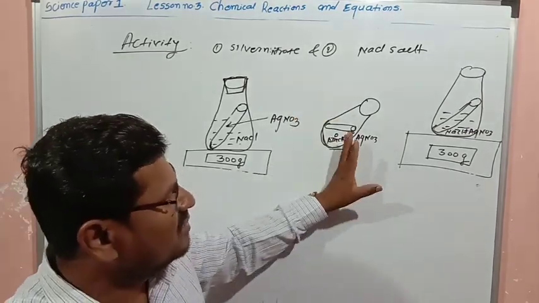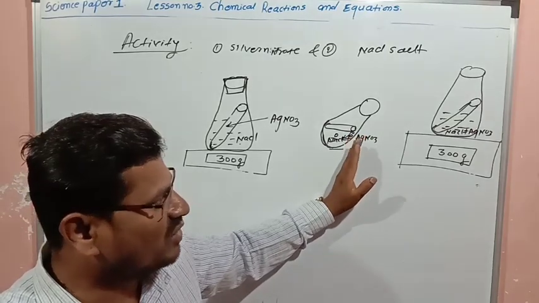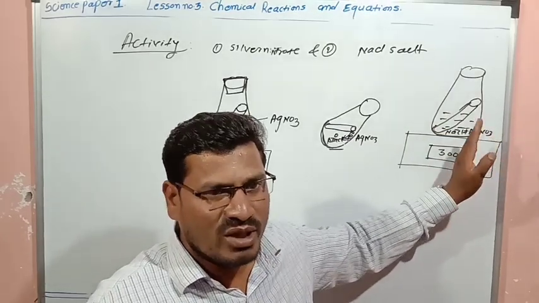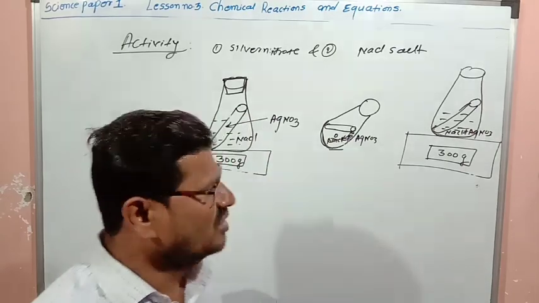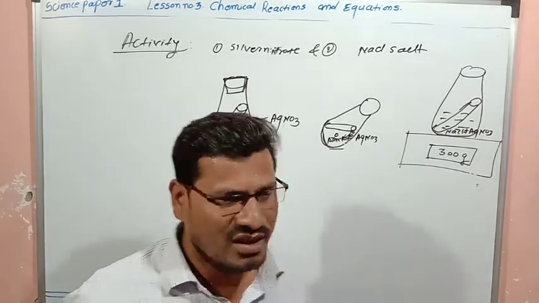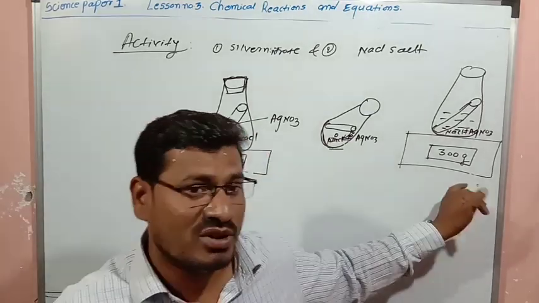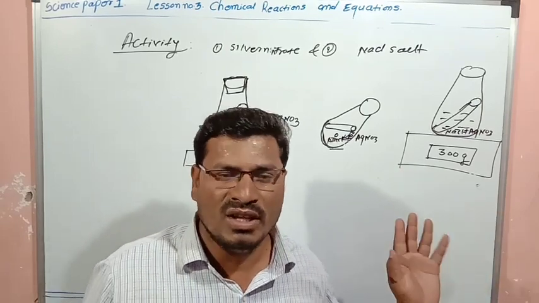After tilting, these two solutions will get mixed. A chemical reaction will take place, and after that we are going to measure the weight of that mixture after the chemical reaction. What you will find is that the weight before the chemical reaction and the weight after the chemical reaction, the weight of the reactants and the weight of the products, will remain the same.